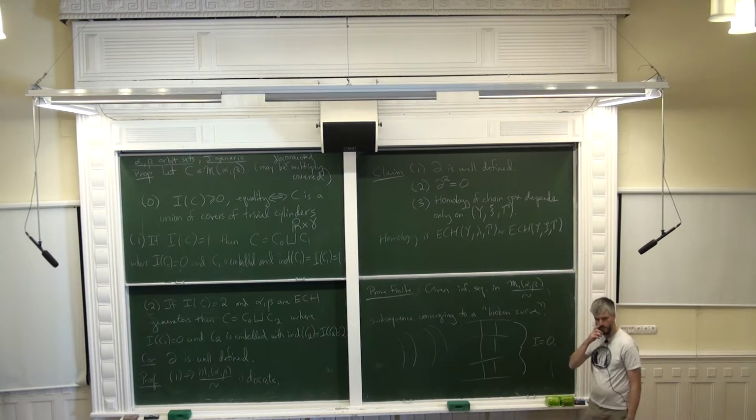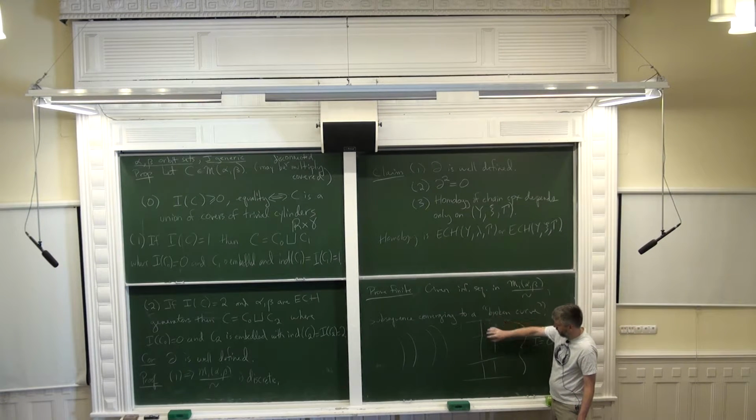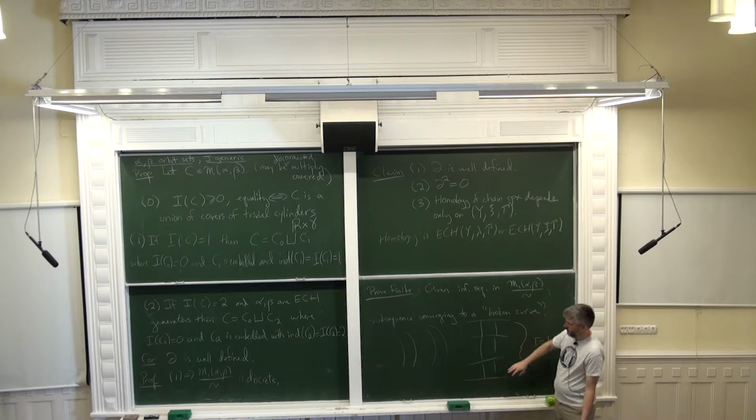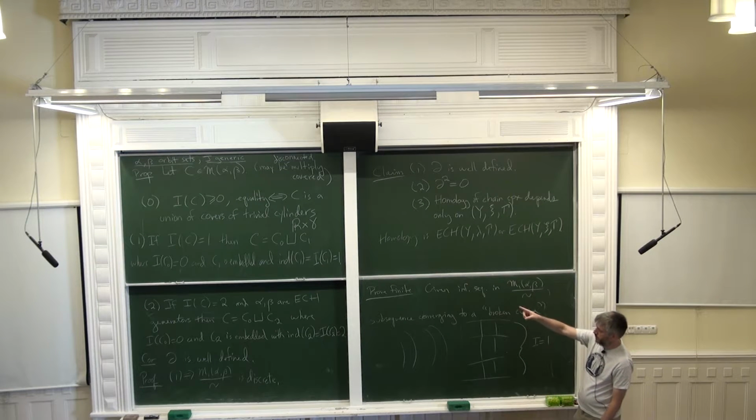It's a basic property of the ECH index, which is one of the exercises of the notes, that if you take a sequence of curves like this and glue them together, then the ECH index is additive. So, sorry, the total ECH index is 1. But that's the sum of the ECH indices of the pieces. And by part 0, each piece has to have ECH index at least 0. That's really helpful.